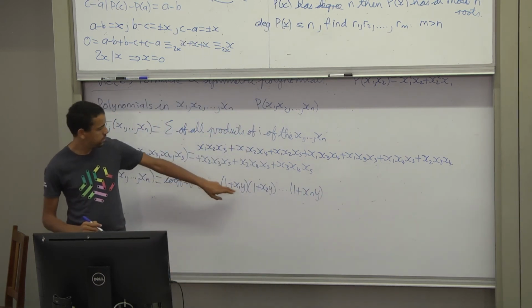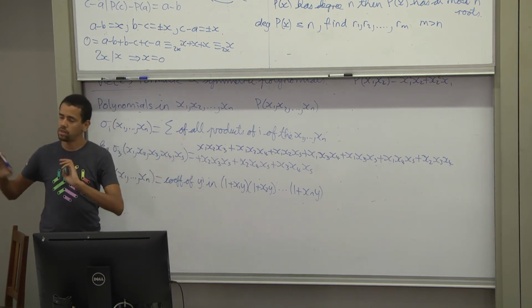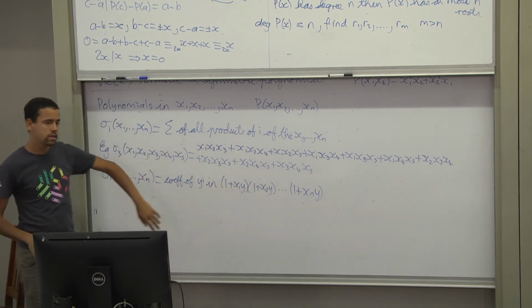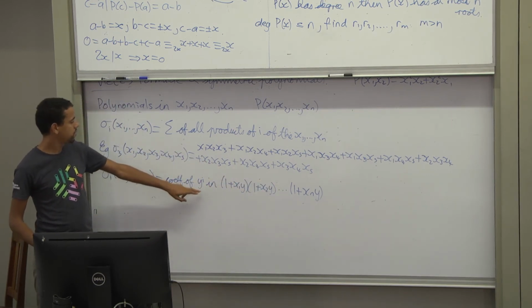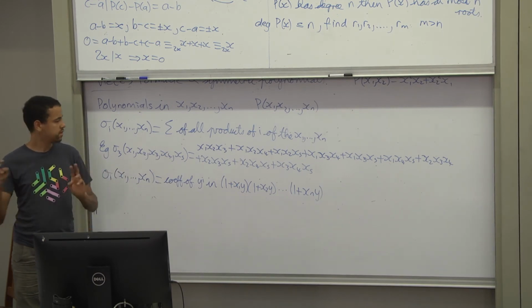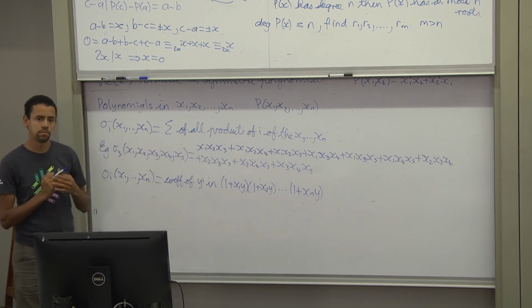Take 1 plus each variable times y. Y is just some other dummy variable that I'm using. I multiply all of those out, and I take the coefficient of y to the power of i. You should convince yourself that that actually gives you the same answer as that.